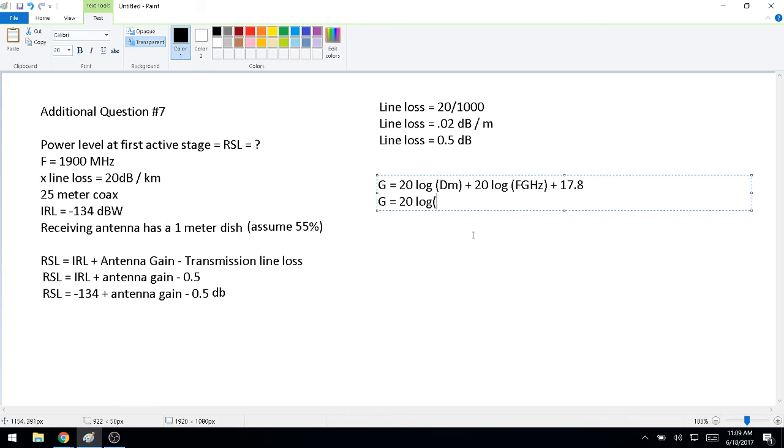So if it's a 1 meter radius, then the diameter has to be 2 because it's twice the radius. And then 1900 megahertz is the same as 1.9 gigahertz, plus 17.8.